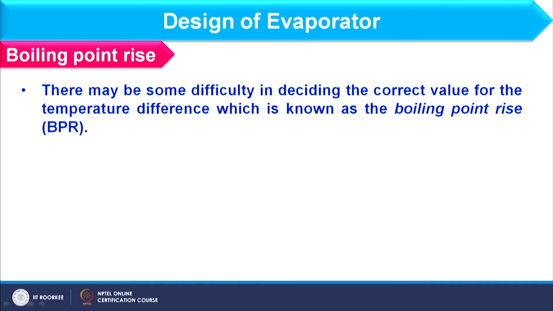But before we start the design of an evaporator, we should focus on boiling point rise, a point we also discussed in the last lecture, and here we will consider a few more points about it. There may be some difficulty in deciding the correct value for the temperature difference, which is known as the boiling point rise.